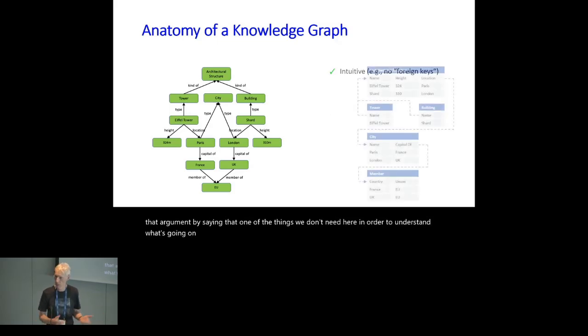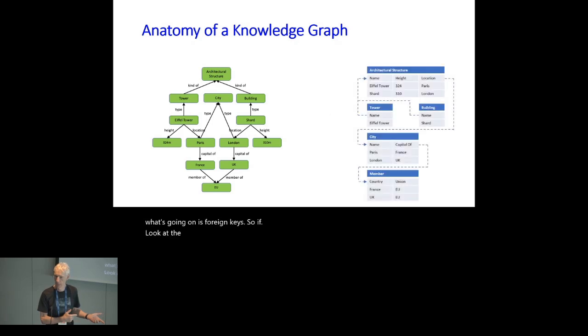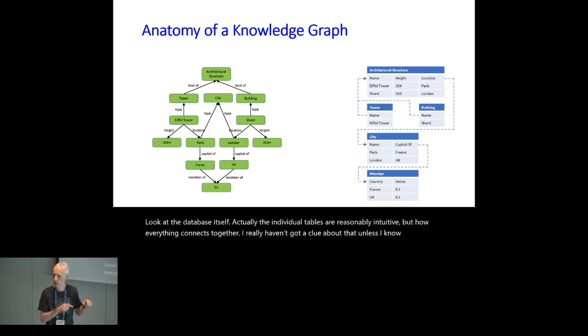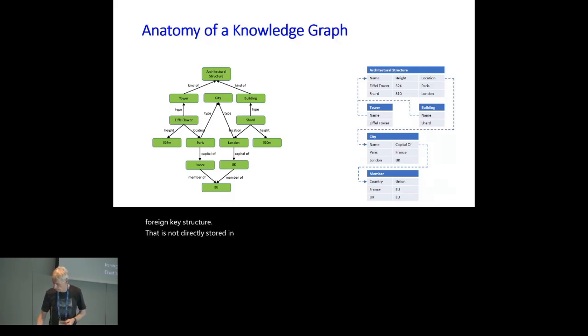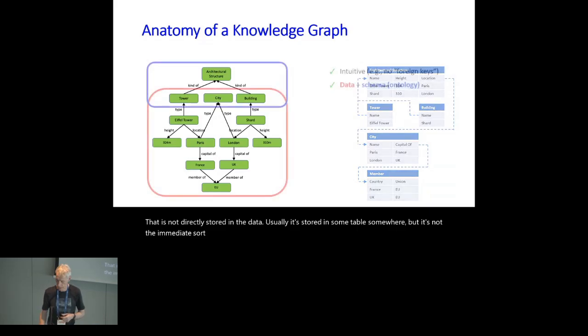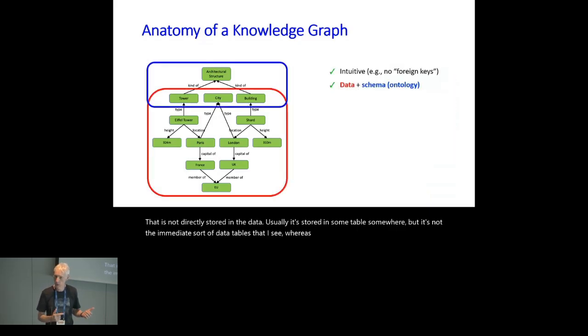If I look at the database itself, the individual tables are reasonably intuitive, but how everything connects together, I really haven't got a clue unless I know about this foreign key structure that is not directly stored in the data tables I see. Whereas in the knowledge graph, more of this structure is captured directly in the graph.